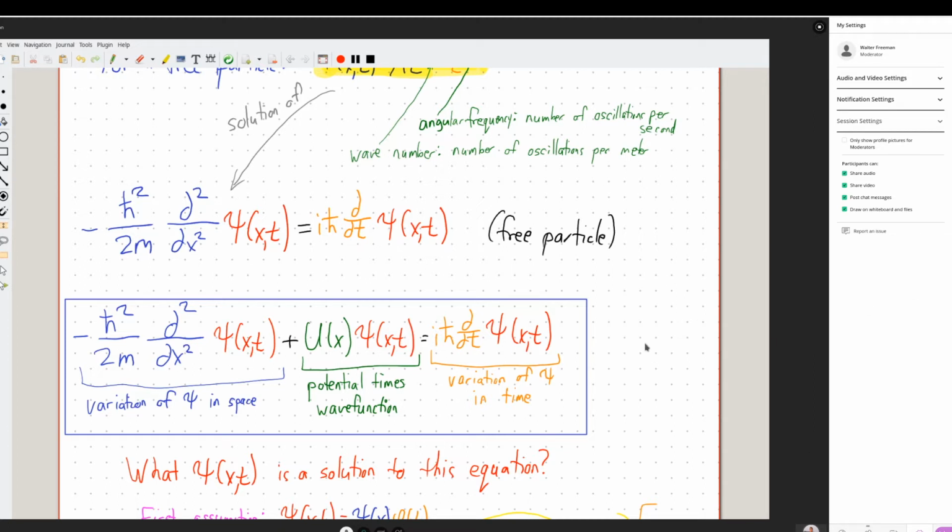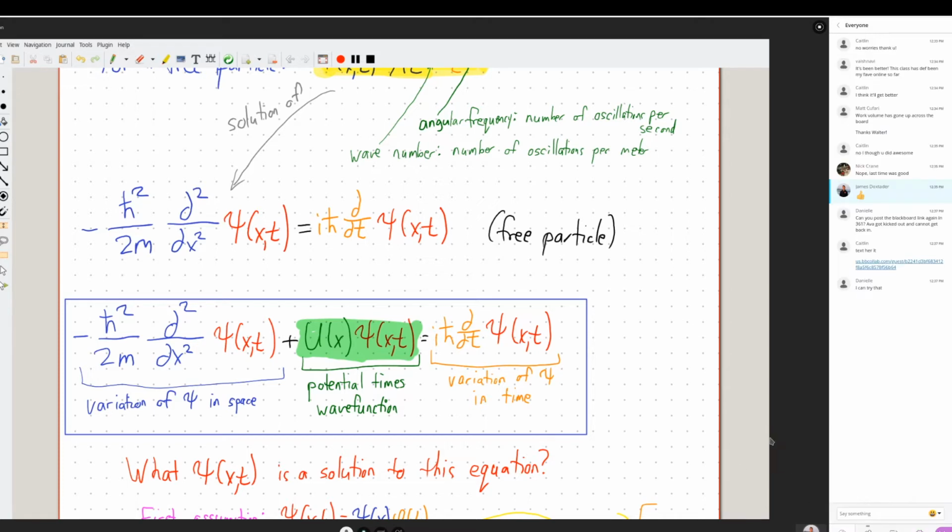Yeah, okay, we're good. So what we've done now is we've modified the Schrodinger equation to include a term that relates to the potential that our particle is moving in. And again, we're just going to have to treat this as a fundamental law of physics at this point. And now we're down to trying to solve this equation.